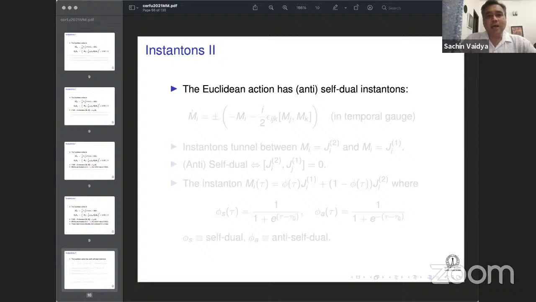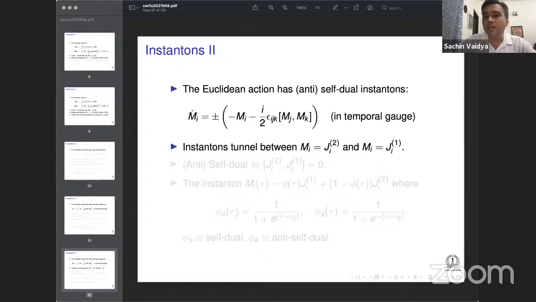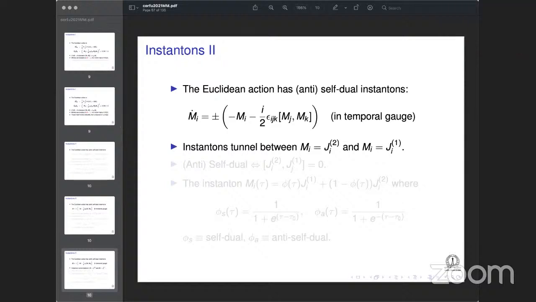Now, because there are many minima in the action that I wrote out, we can ask for solutions that connect these minima. In other words, we look for instantons. In fact, there are both self-dual and anti-self-dual instantons, and they are solutions of this equation. It's basically the equation E equal to plus or minus B written out in the temporal gauge. These instantons tunnel between two vacua, one labeled by J2 and the other labeled by J1.